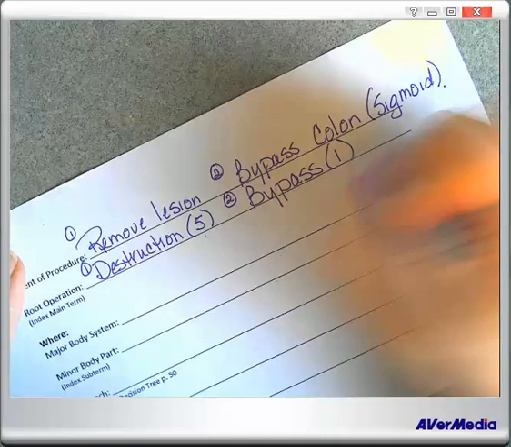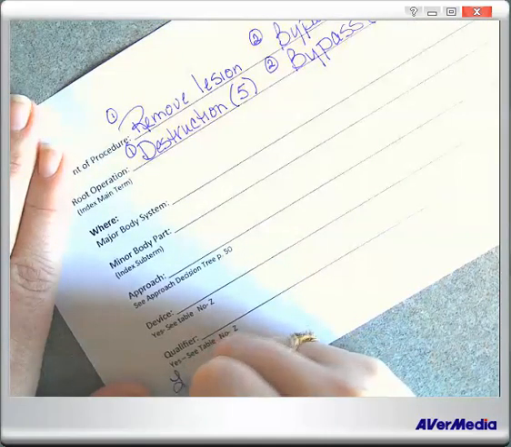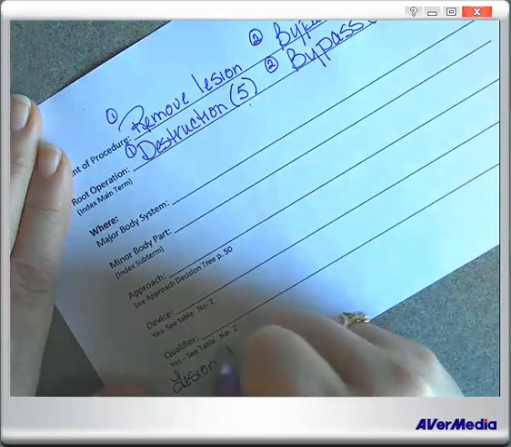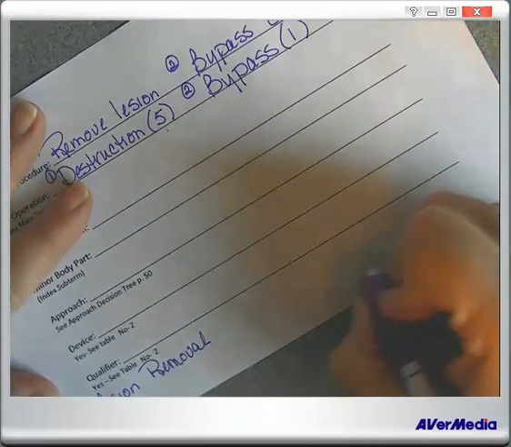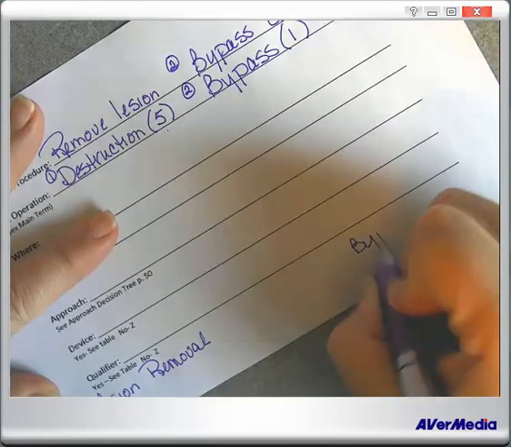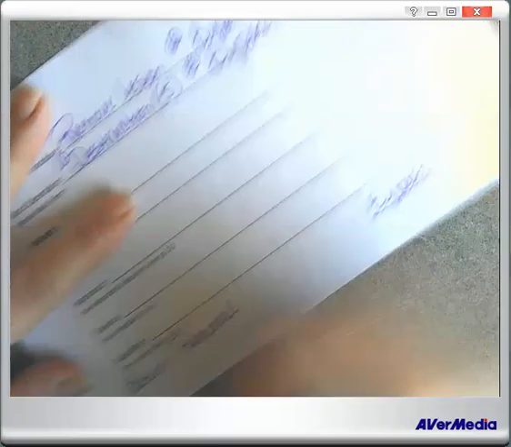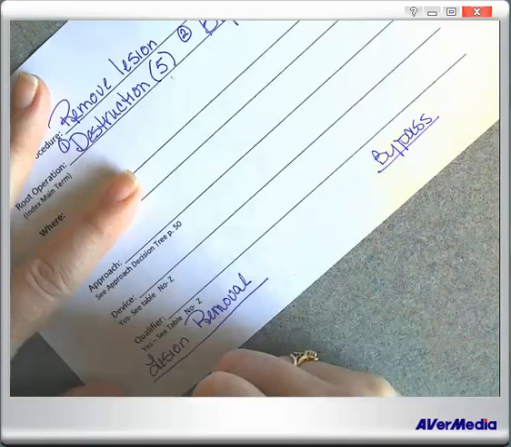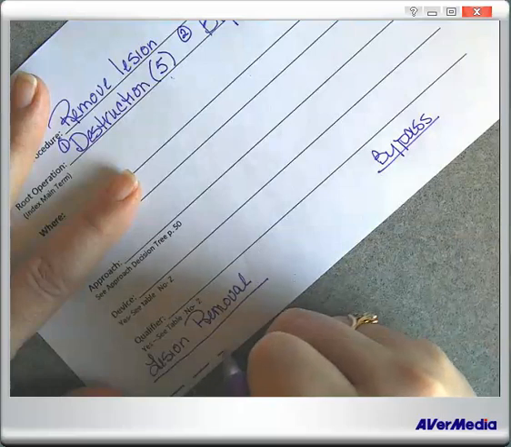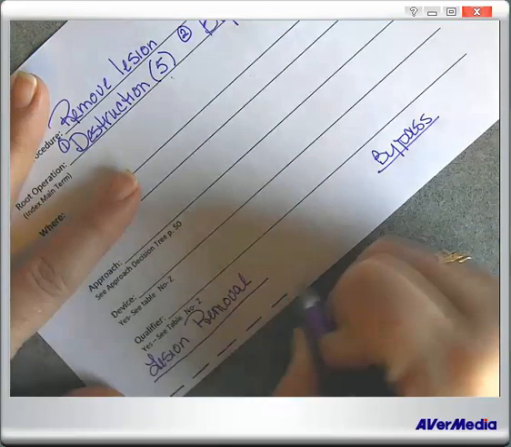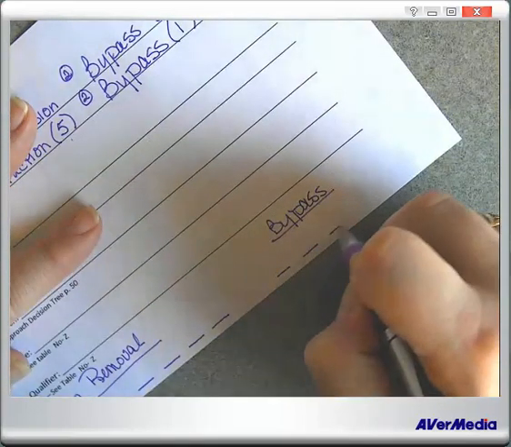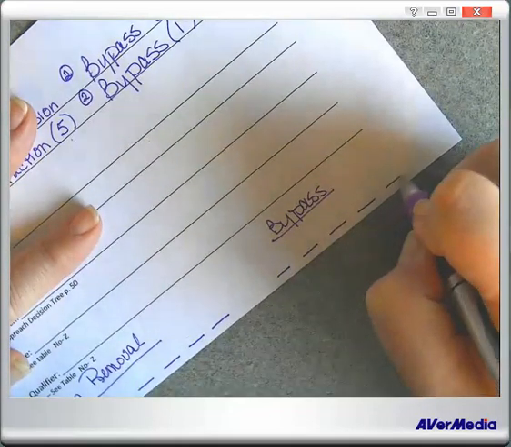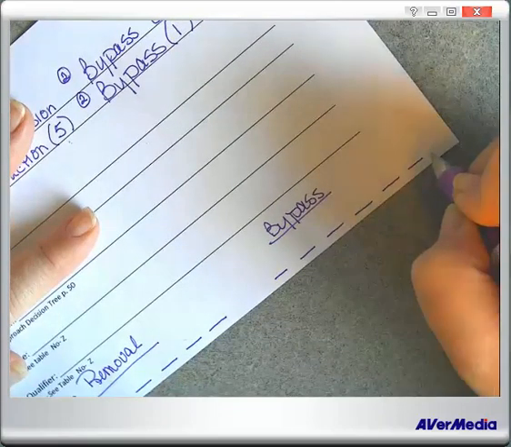Okay. So here we have lesion removal, and we have bypass. Okay, so let's go ahead and just put our 1, 2, 3, 4, 5, 6, 7, and here we have 1, 2, 3, 4, 5, 6, 7.